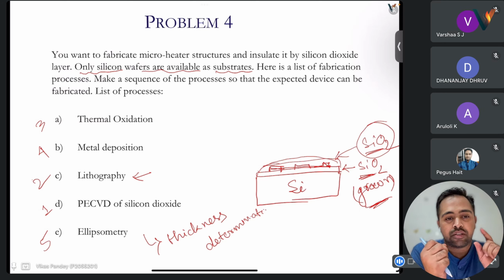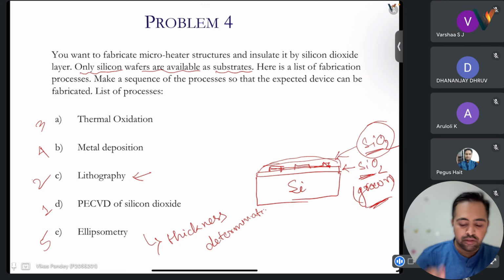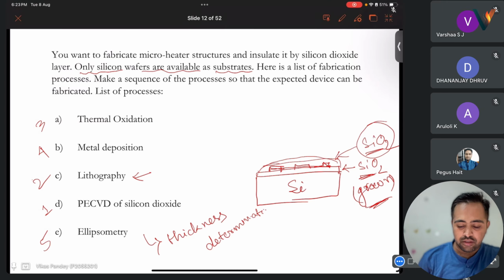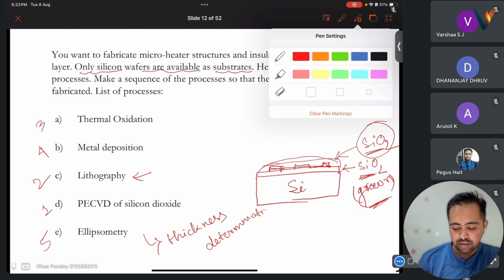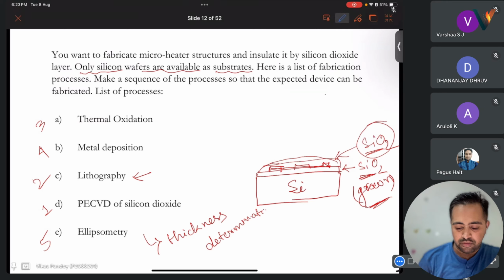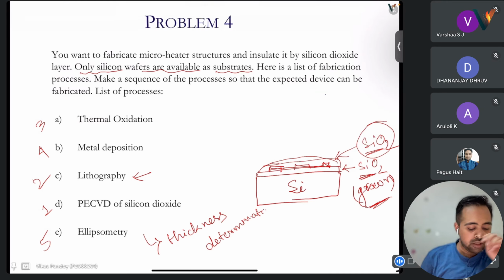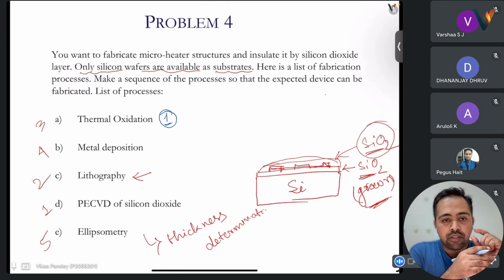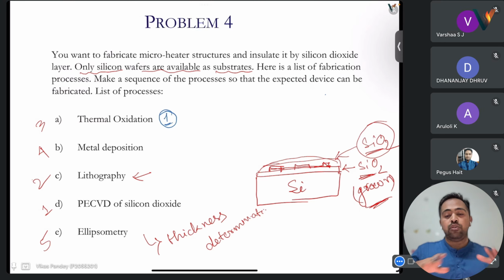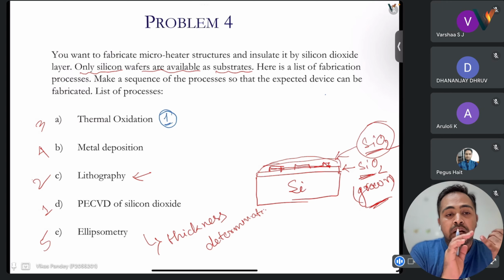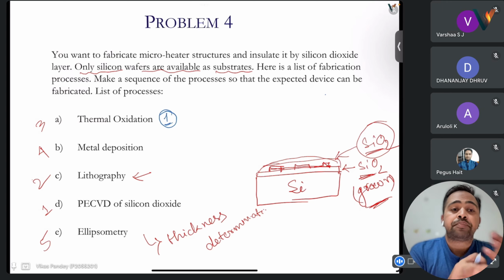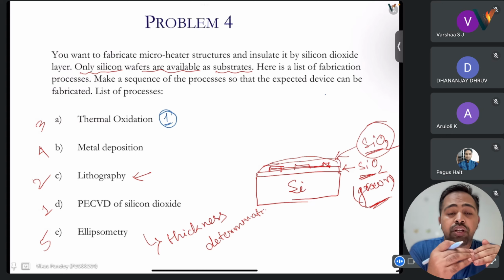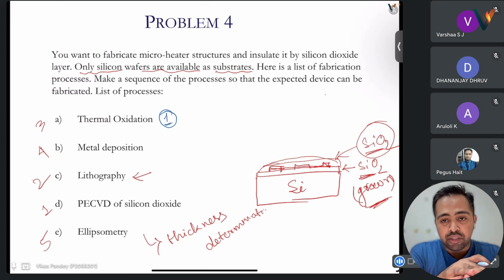So the first process in this whole thing will actually be thermal oxidation, because we will grow the silicon dioxide first. Then we want to make the pattern, and these patterns are to be made using metal, so it will be deposited.